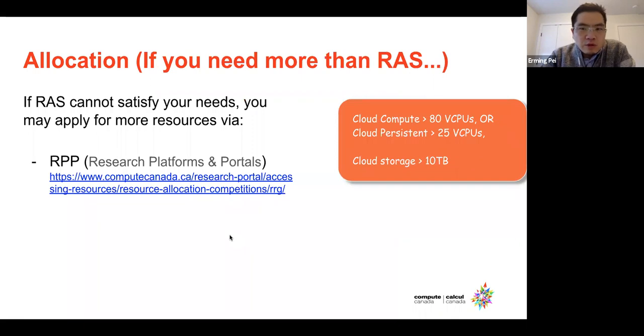If you need more than RAS, you have to go through the so-called RAC application, which, as I said, is at the end of September.